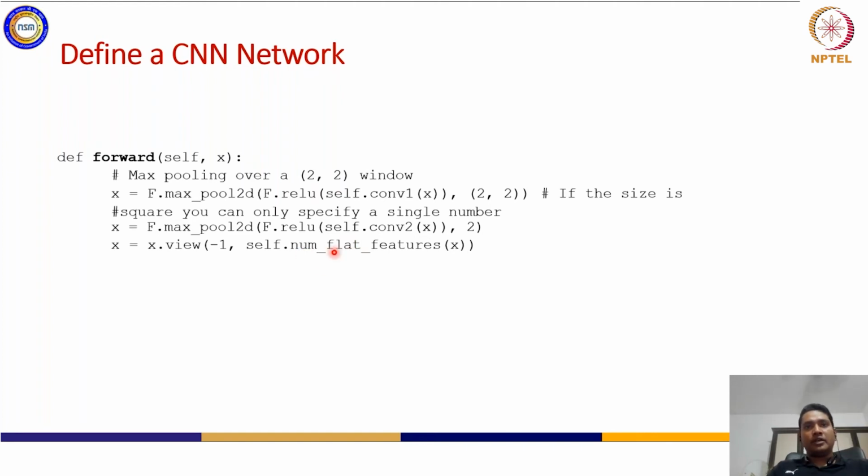That is why we have defined num_flat_features as a helper function, which will return the total size of this input tensor X, which is the output of the previous convolution layer. We'll resize it, then give this X to the next fully connected layer. Then again a ReLU function, then again a fully connected layer and ReLU function.